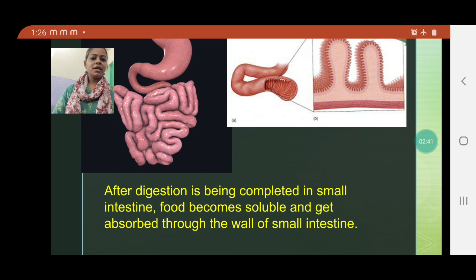After digestion is completed, whatever nutrients are present are absorbed directly into the blood cells present on the wall of the small intestine. So that's why absorption happens in the small intestine.